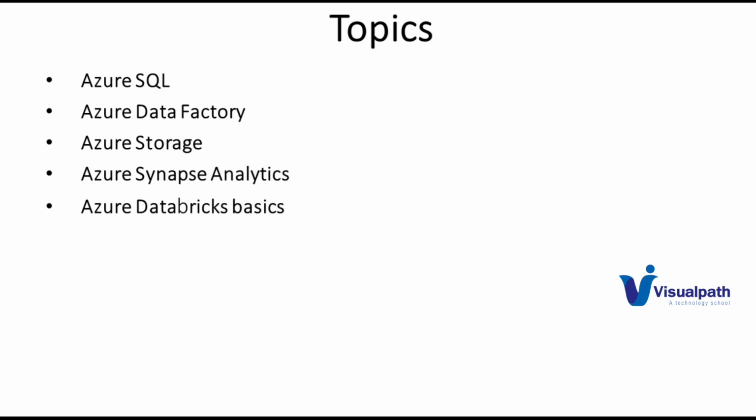The other part of Azure Synapse Analytics is the analytics part. So there are two things here: the data warehouse, which I already covered, and the second part, analytics. Inside analytics, everything that you can do in Azure Databricks you can do in Azure Synapse Analytics.